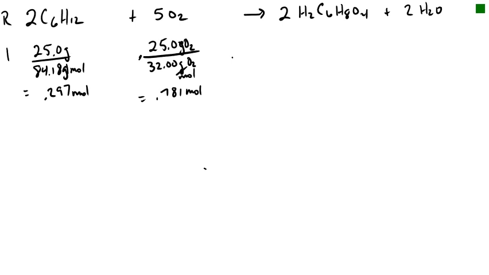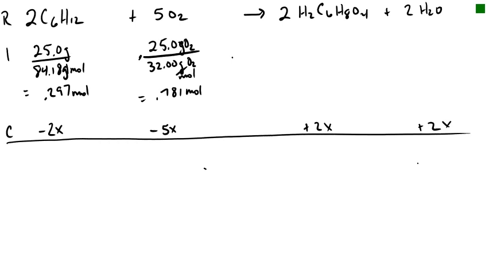So now, our C, once again, we are subtracting our coefficients. So I'd have minus 2x, and I'd have minus 5x. I would have plus 2x for the adipic acid and plus 2x for the water. Now, to solve for x once more, I'm setting up my math equation. So I would have 0.297 minus 2x equals 0.